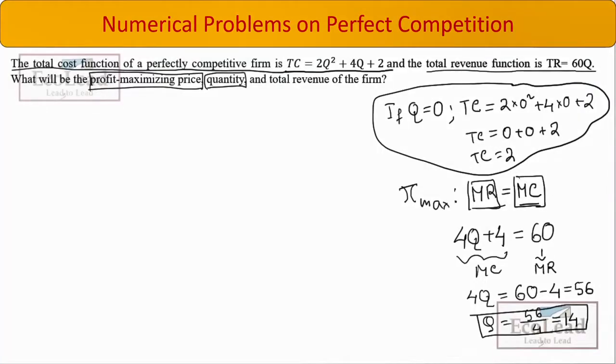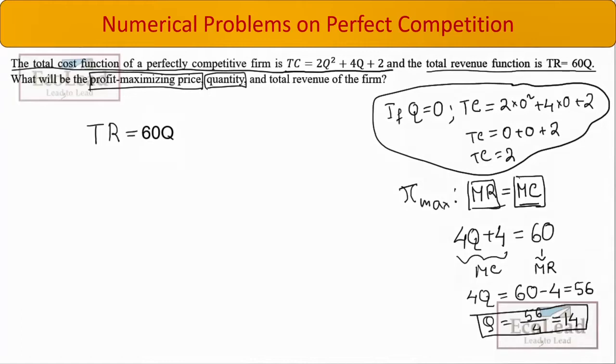Now we need to identify the profit maximizing price. So profit maximizing price we can identify from the total revenue function. So what is the total revenue function given in this problem? That is total revenue equal to 60Q.